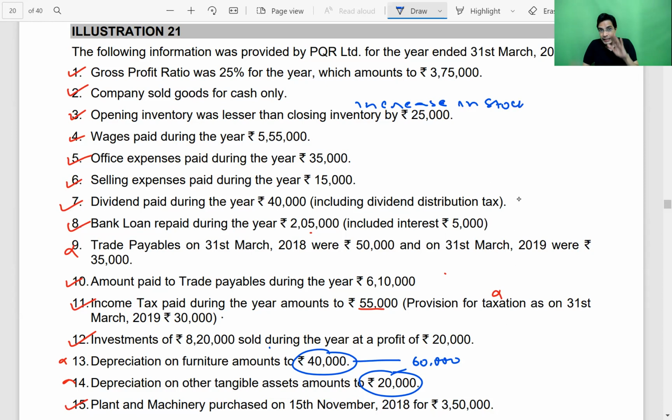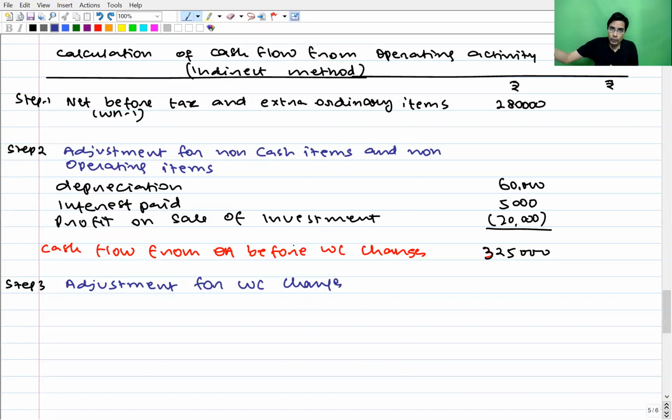We all know current assets have an inverse relationship, so increase in stock will be recorded as a negative figure. How much is it? 25,000. They have directly given us the difference only.